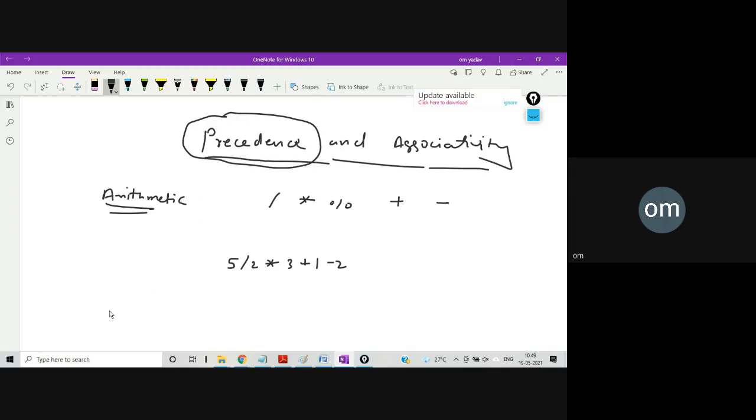All of you write about precedence. It is a priority assigned to an operator.